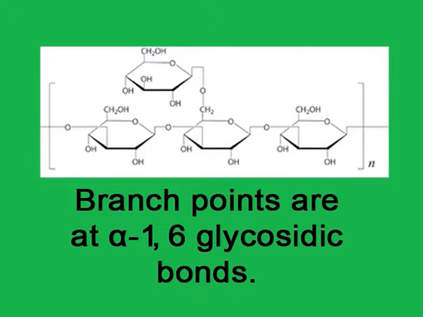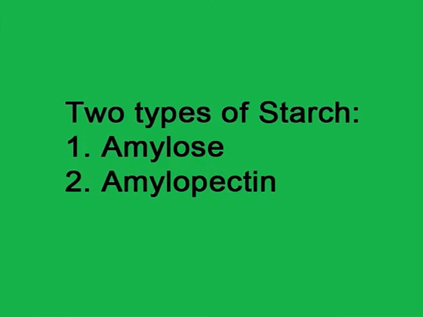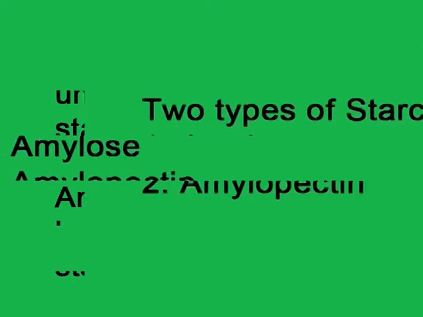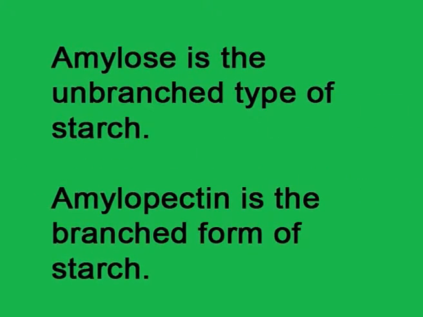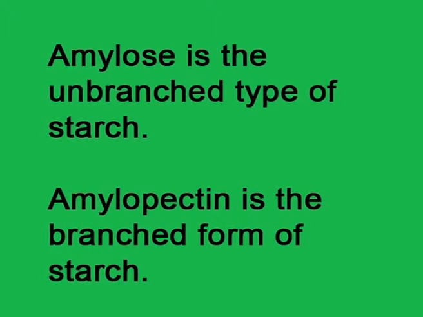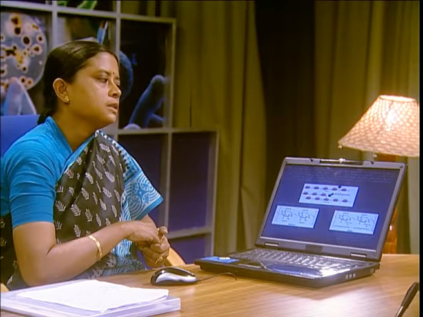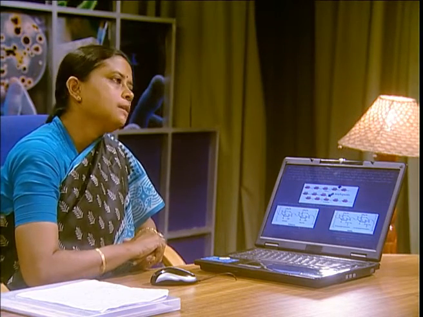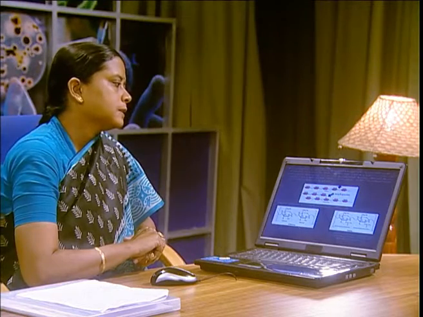The branch points are at alpha 1,6 glycosidic bonds, and these comprise the alpha 1,4 and alpha 1,6 glycosidic bonds, and the entire molecule of starch is formed. There are two types of starch, amylose and amylopectin. Amylose is the unbranched type of starch and amylopectin is the branched form.